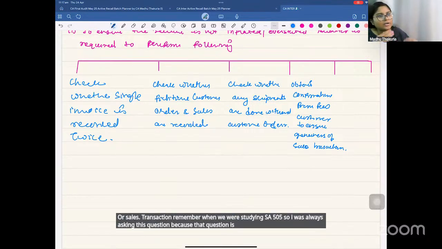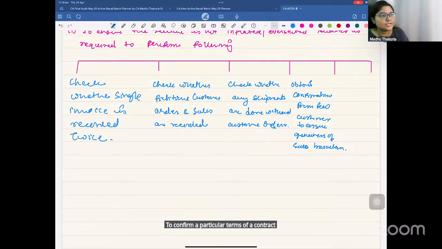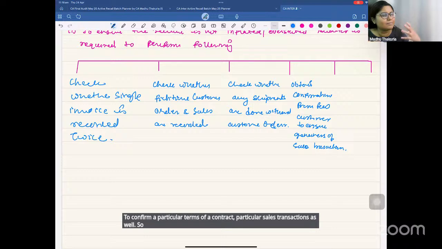You need not necessarily always obtain the confirmation from the closing balances. You can also obtain it to confirm particular terms of a contract, particular sales transactions as well. So see, if you think there are some high value transactions about which you have a doubt whether it is related party or whether it is genuine or not, anything that you have a doubt on that particular transaction, you can obtain the confirmation from the customer for that.